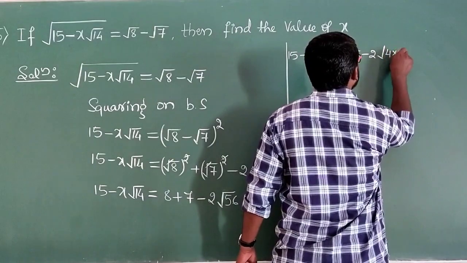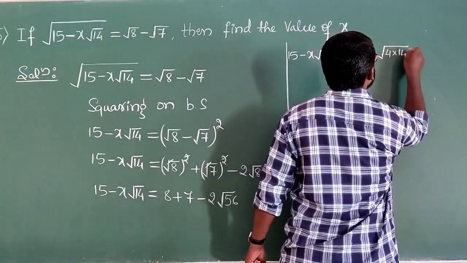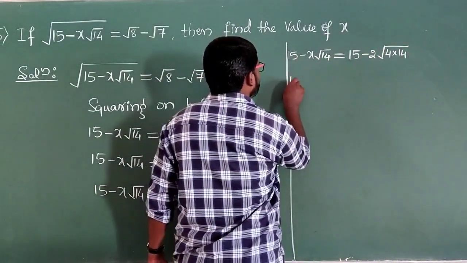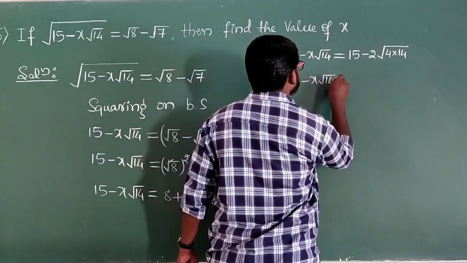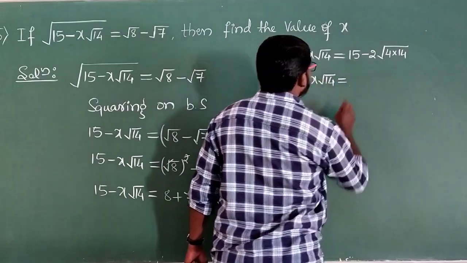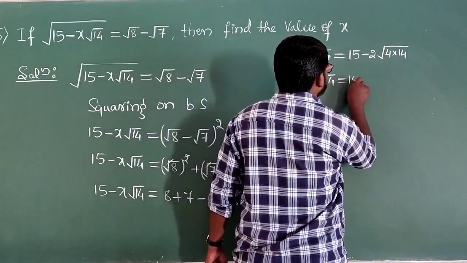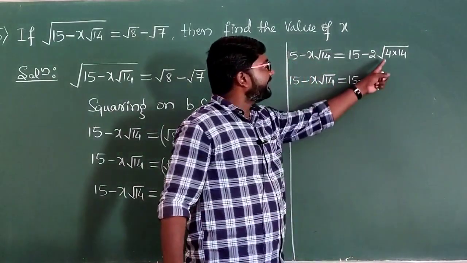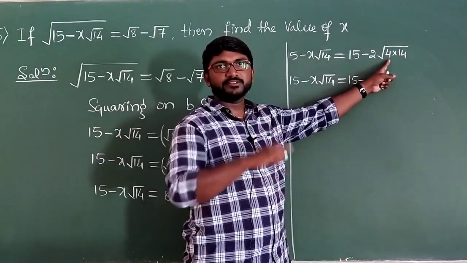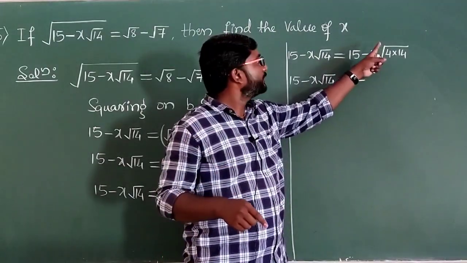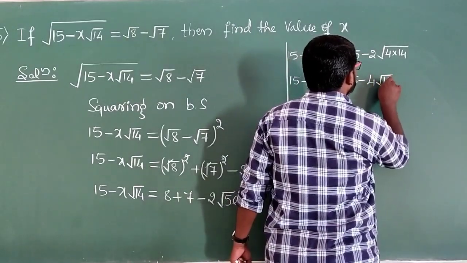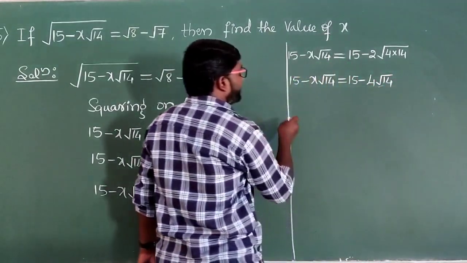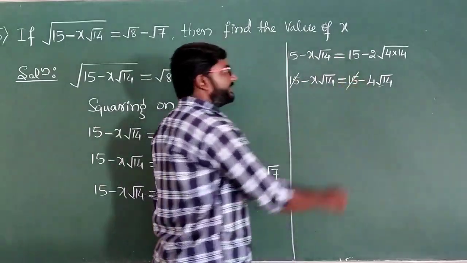Now 15 minus x into root 14 equals 15 minus, now I take 4 outside the square root. It becomes 2, 2 into 2 will be 4, square root of 14. Now see here, 15 and 15 get cancelled.